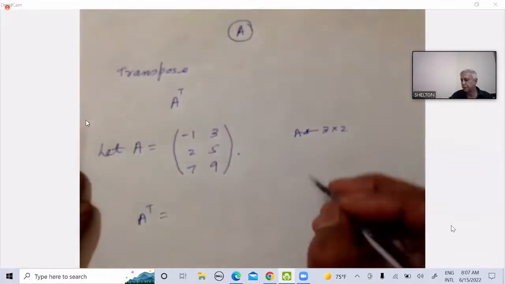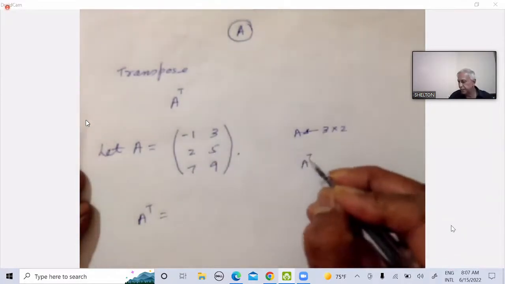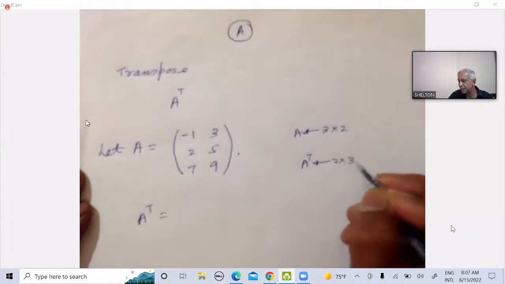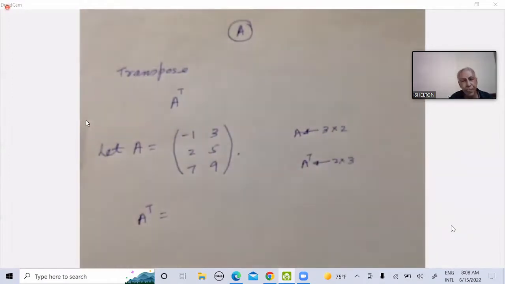A transpose would be of size 2 by 3, because A transpose is obtained by interchanging the rows and columns of A.